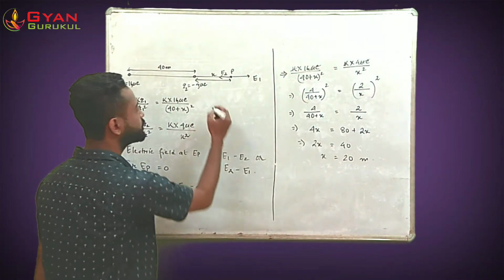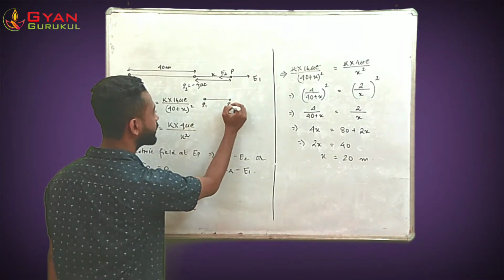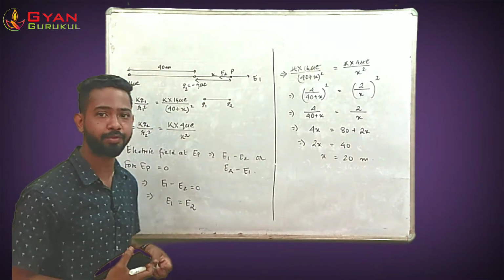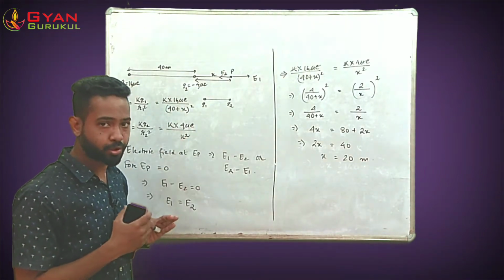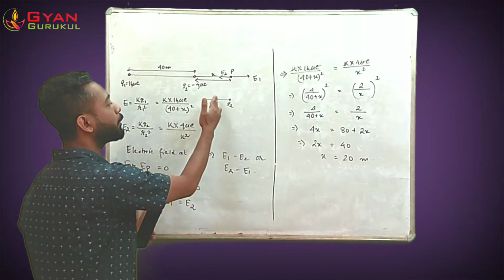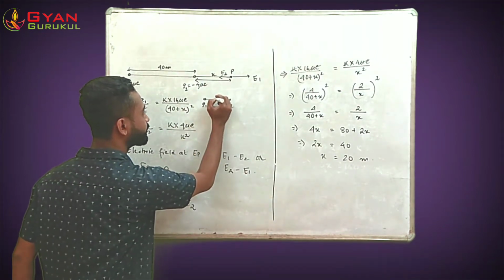Suppose these are the two charges, Q1 and Q2, considering 16 microcoulomb and minus 4 microcoulomb, we need to understand where the point would lie. If I consider the point anywhere in between the two charges, let me consider it somewhere here.